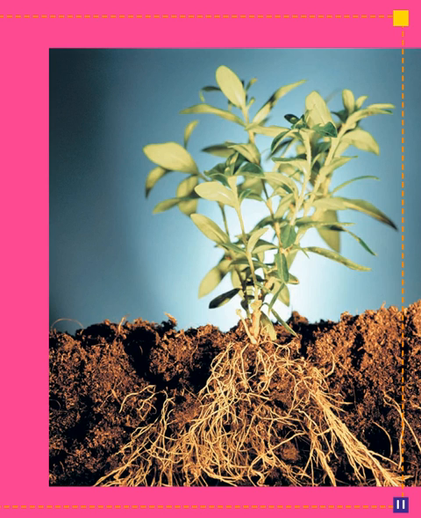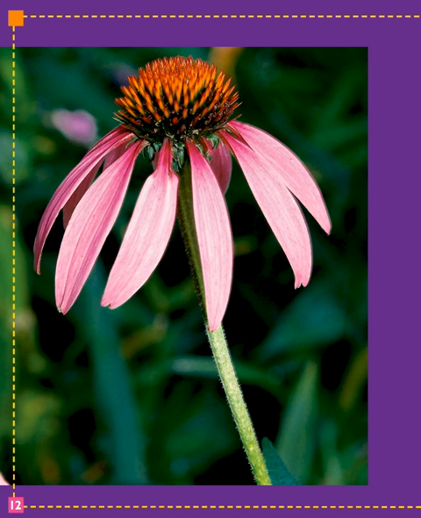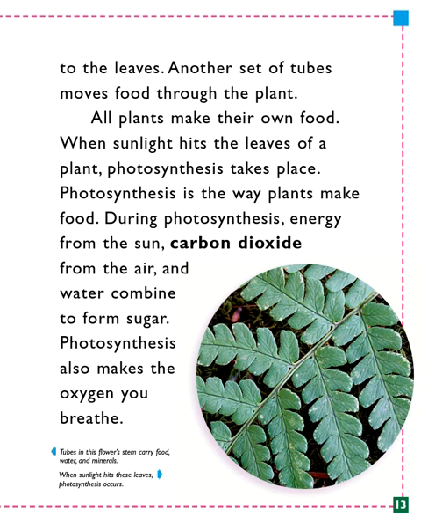So now you can see the roots and the stems, and then here you can see the leaves, right? And here you've got a stem and then a flower. That's another part of a plant. And plants don't have flowers all of the time, but it is an important part to know.